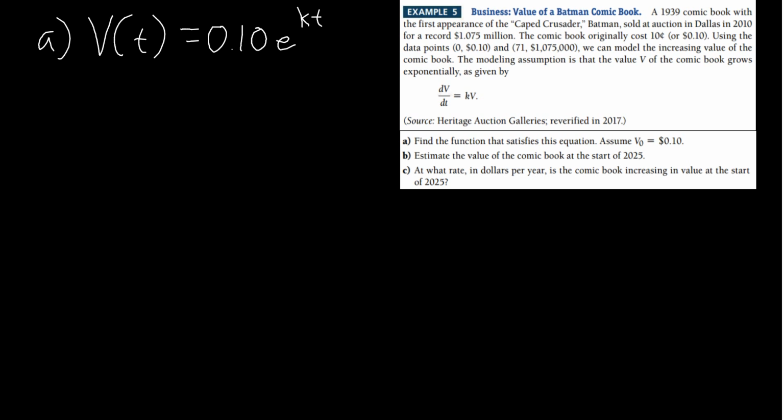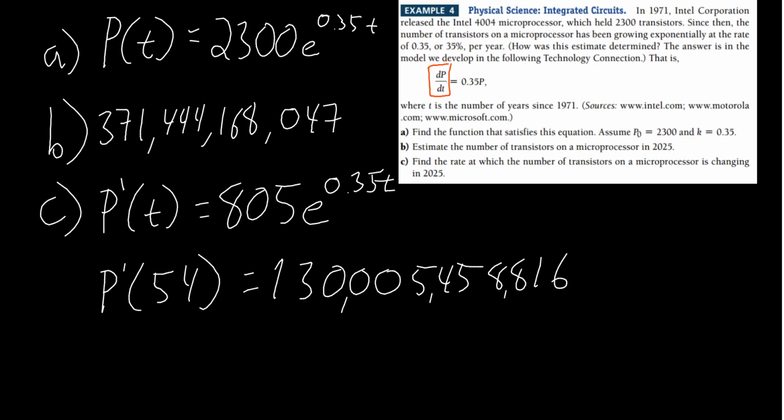And we're told we need to find the function that satisfies that equation. Well, this function here has two unknowns on the right side. One of the unknowns is k, and one of the unknowns is t. That's slightly unfortunate, because on the previous example, you see we were given k.